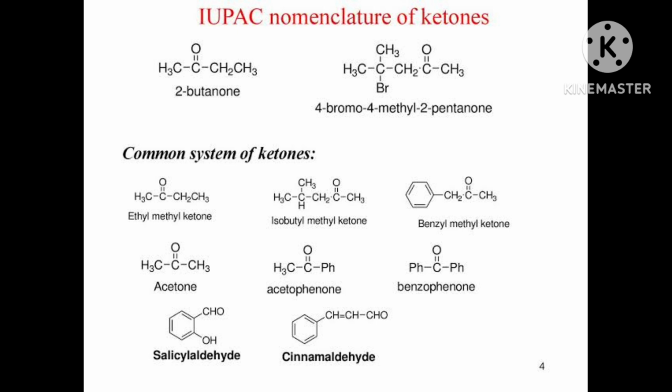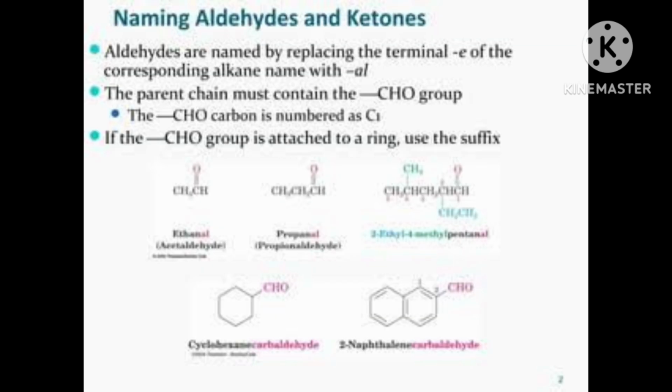Correct? Now one more example I am telling you: from benzene, an NO2 group is attached, and two groups are attached to benzene. One is aldehyde, the other is NO2. NO2 is at the para position, or fourth position you can tell. Then what will be the name? 4-nitrobenzene carbaldehyde, because if an aldehyde group is attached with benzene, that is called benzene carbaldehyde.